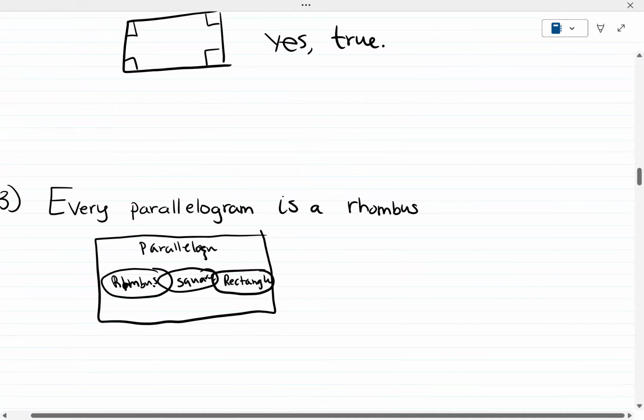Is every parallelogram a rhombus? No, that's false, right? A parallelogram could be a square or a rectangle, so it's going to be false.